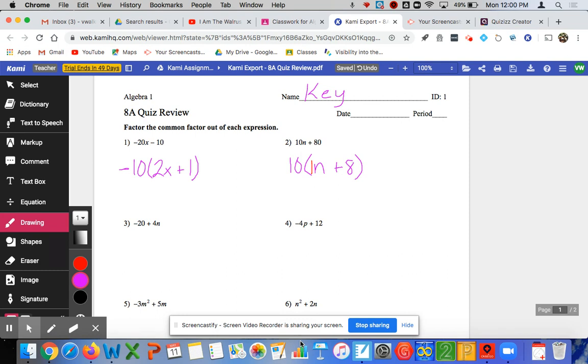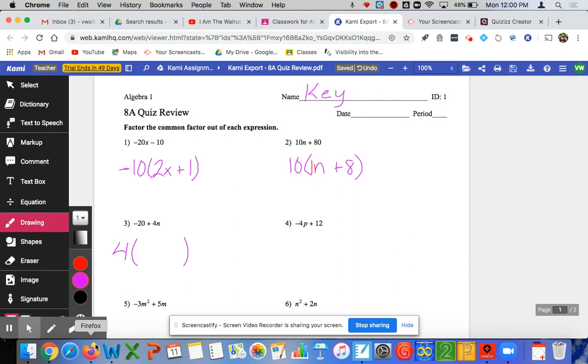Number 3, negative 20 plus 4n. Now, only one of my numbers this time is negative, so I'm going to factor out a positive number instead. Now I look at 20 and I look at 4 and I ask myself, what's the largest number that can go into both of them? If you take 20 divided by 4, you'll see that 4 actually is the largest number that we can throw out there.